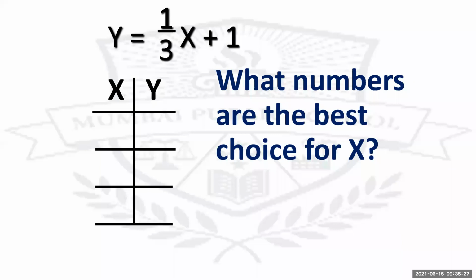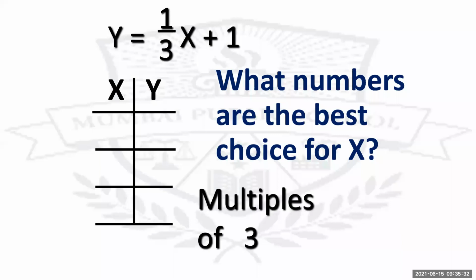So what numbers are the best choice for x? The choice is multiples of 3, because of the denominator 3, and the numerator, whatever number you substitute, being a multiple of 3, will get cancelled off very easily.